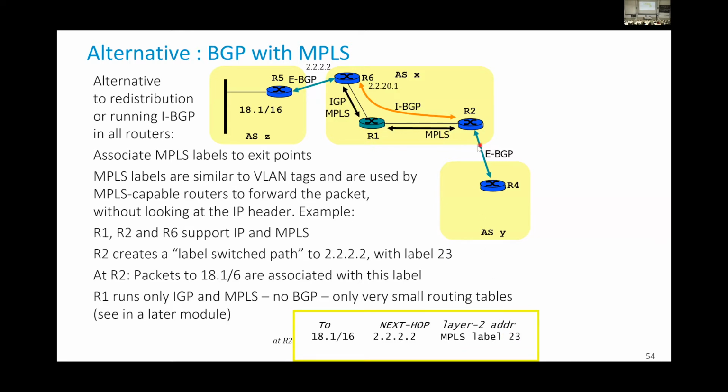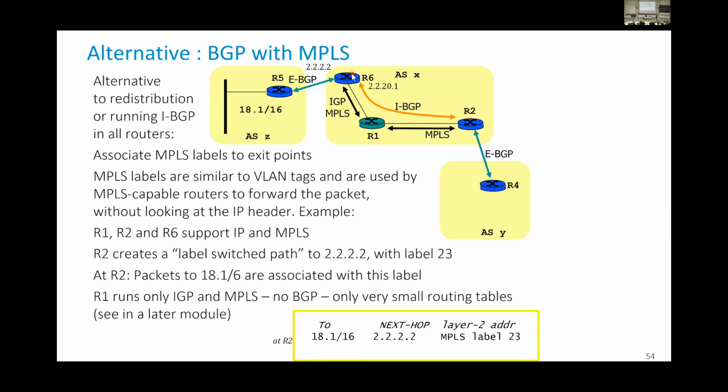When R1 receives such a packet, so this label is put in the Ethernet header, it's below IP. When R1 receives a packet with this label, if the setup is correctly done, then R1, by just looking at 23, will forward the packet to R6.